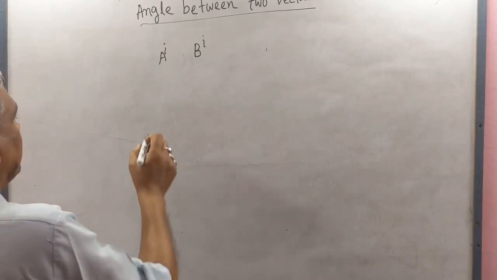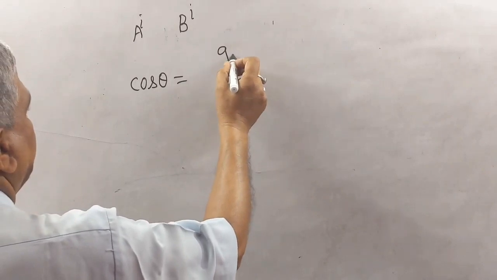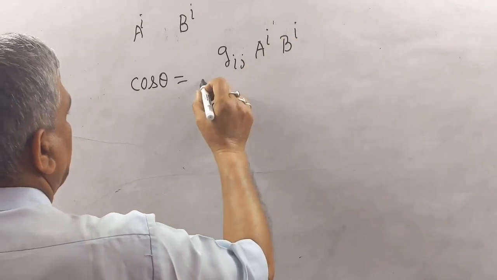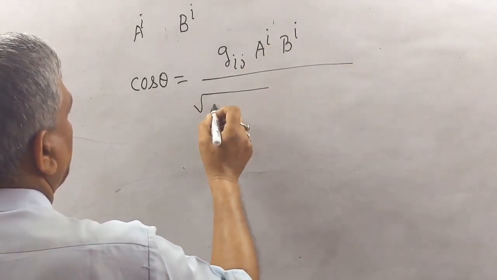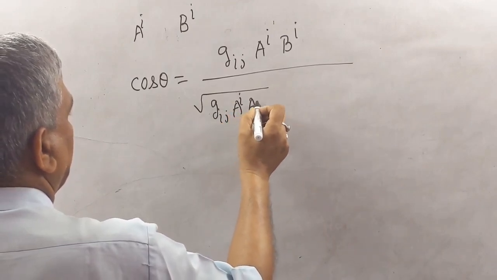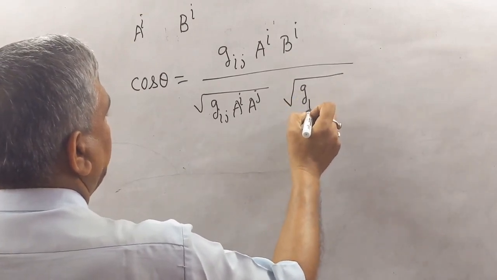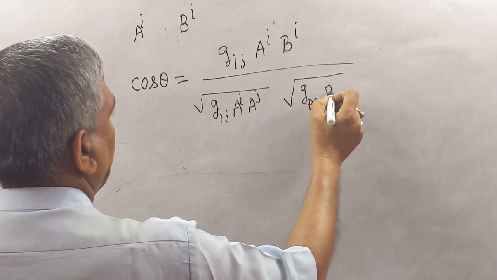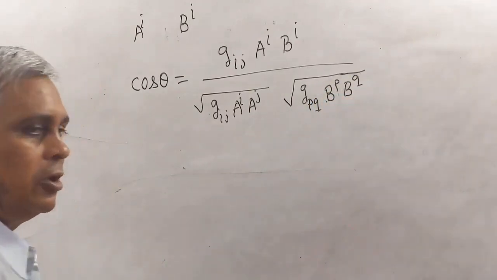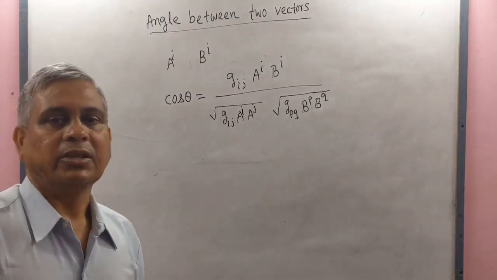Then we define cos theta equal to Gij Ai Bj over square root of Gij Ai Aj times square root of Gpq Bp Bq. This is the required expression for angle between two vectors.